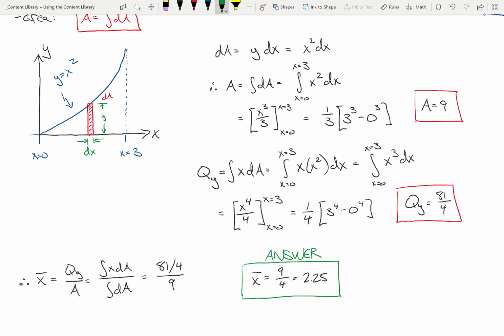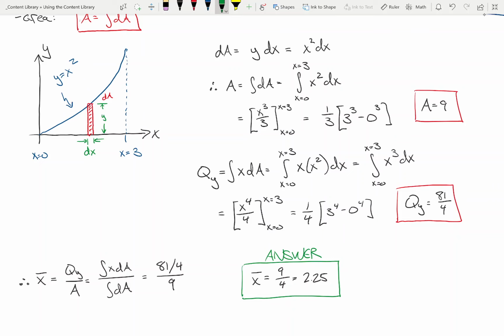Okay. So here's what we're saying, here's this shaded region, and I'm trying to find this point where the whole thing balances. I propose that the coordinates of that point are 2.25 comma something. We haven't figured that something out yet.